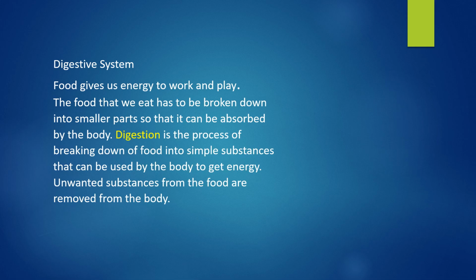Our digestive system works like a machine, and all the food that we eat is broken into small parts so that it can be absorbed by our body. Then it gets used by our body. The food that is not digested, the unwanted food, is removed by our body later.